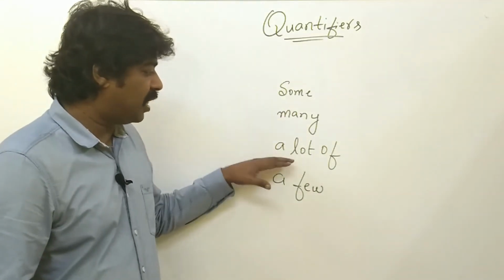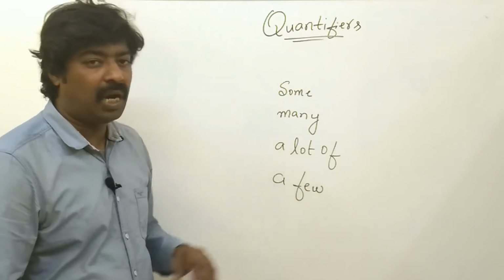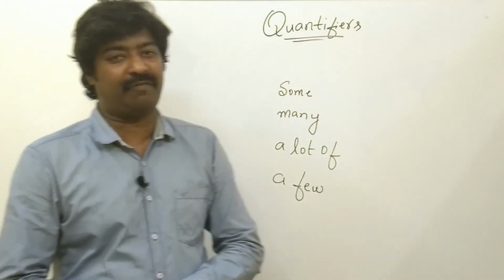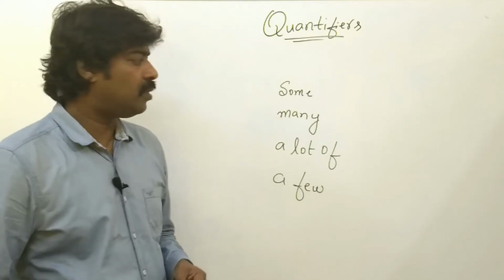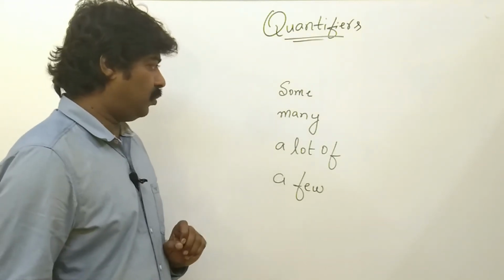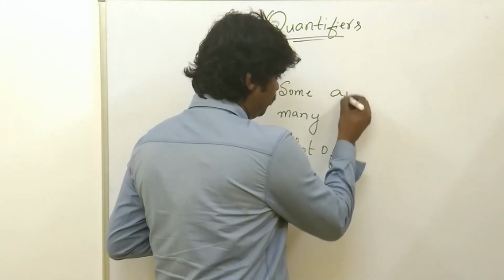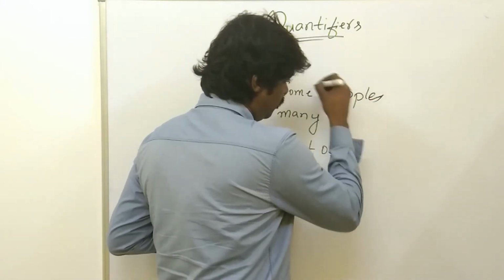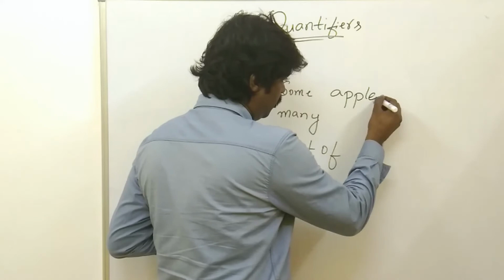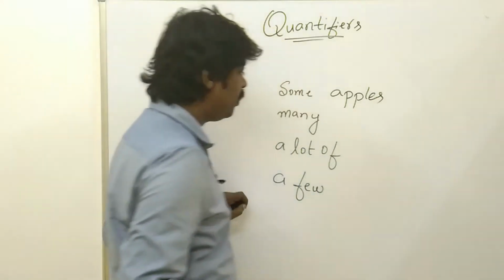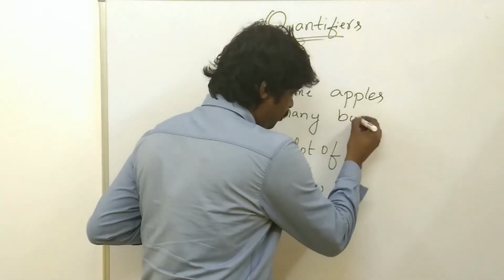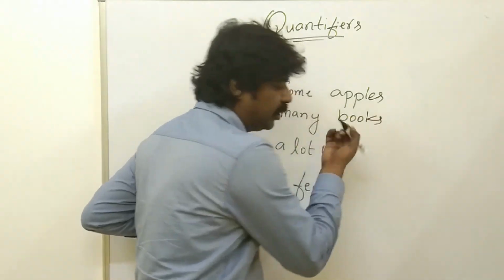Some, many, a lot of, a few are examples of quantifiers. We use them with the plural form. For example, some apples, many books, and so on.